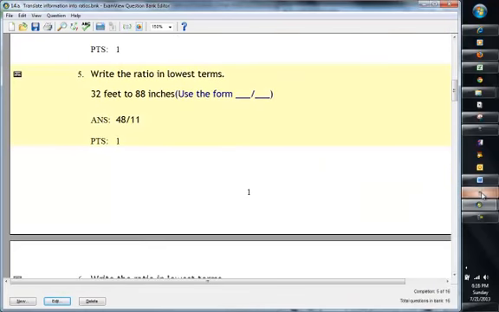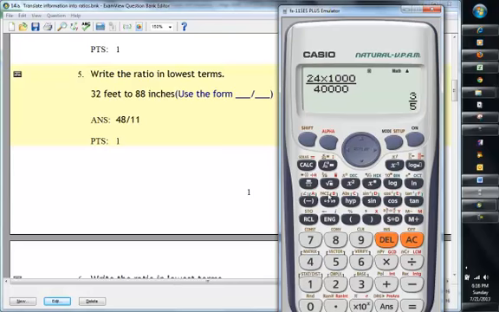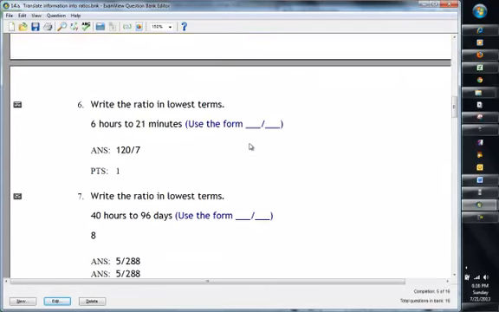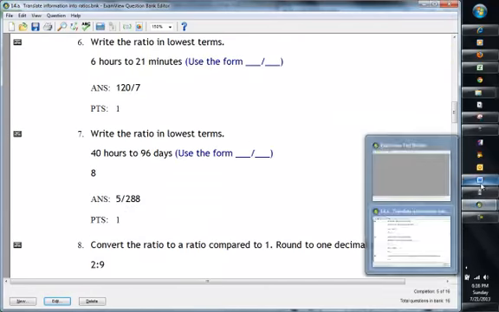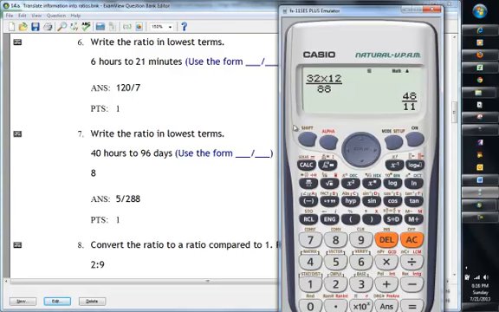32 feet to 88 inches, so 32 is multiplied by 12 when you switch to the smaller units to 88, and you get 48 to 11. 6 hours to 21 minutes, so we're going to put the 6 on the top, but there's 60 minutes in each hour to 21 minutes, and we get 120 to 7.